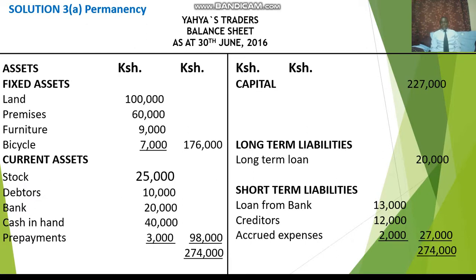Then from there we can calculate capital. Capital in this case is assets minus liabilities, which is 274,000 minus 47,000. So we have capital as 227,000 in this case.